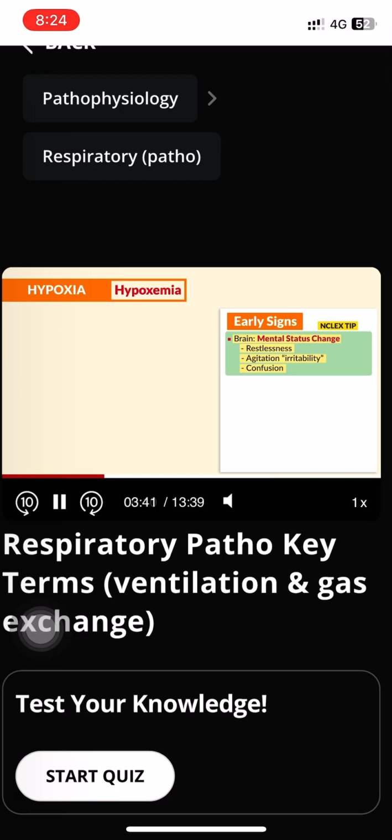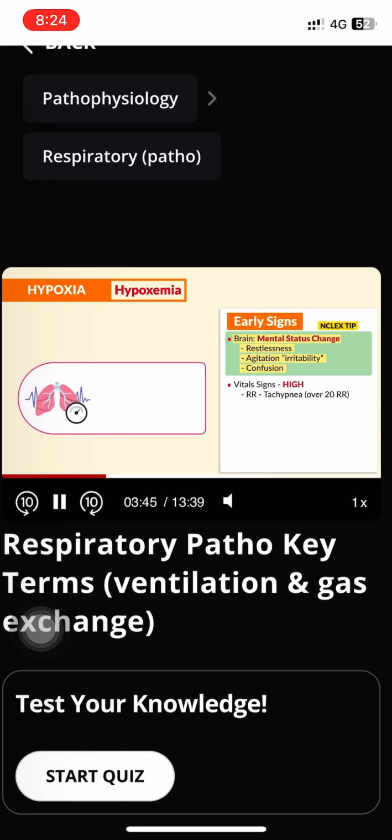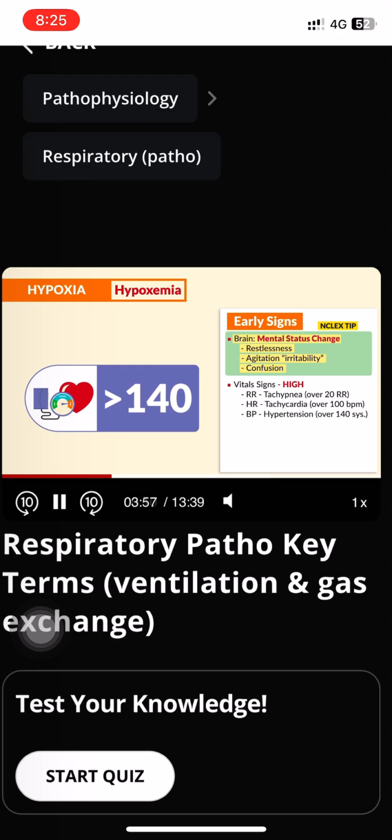Now for other signs here, the vital signs will be high. So respiratory rate, known as tachypnea, over 20 respirations per minute. The heart rate will be high with tachycardia, over 100 beats per minute. And the blood pressure, known as hypertension, over key term 140 systolic, that first number on the BP machine.